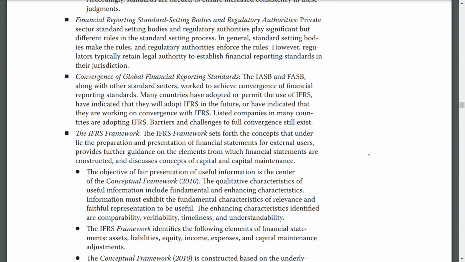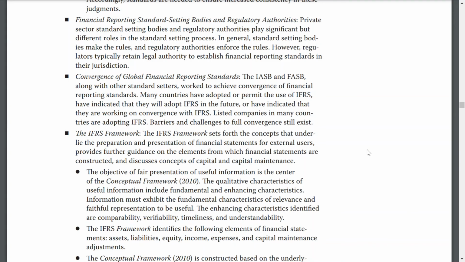Listed companies in many countries are adopting IFRS. Barriers and challenges to full convergence still exist. The IFRS framework sets forth the concepts that underlie the preparation and presentation of financial statements for external users, provides further guidance for the elements from which financial statements are constructed, and discusses the concepts for capital and capital maintenance.